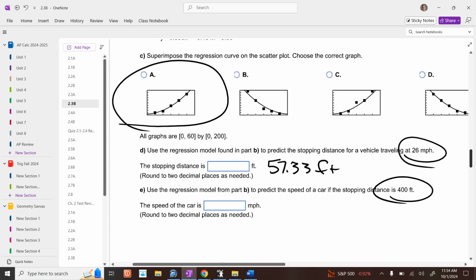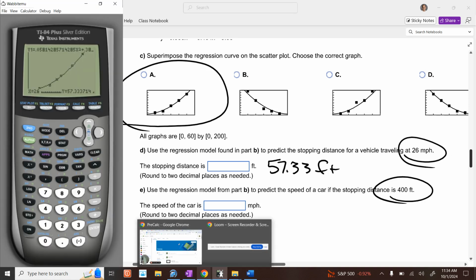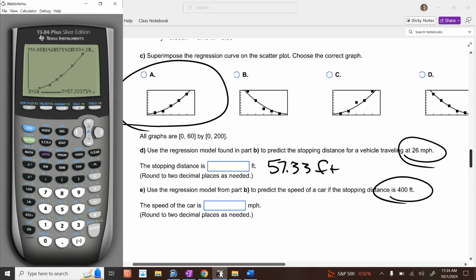400 feet. How fast is it going if its stopping distance is 400 feet? Well, we're going to trace on this line and go up until we get to 400. Pretty soon I'm going to run into an issue. What's that issue?